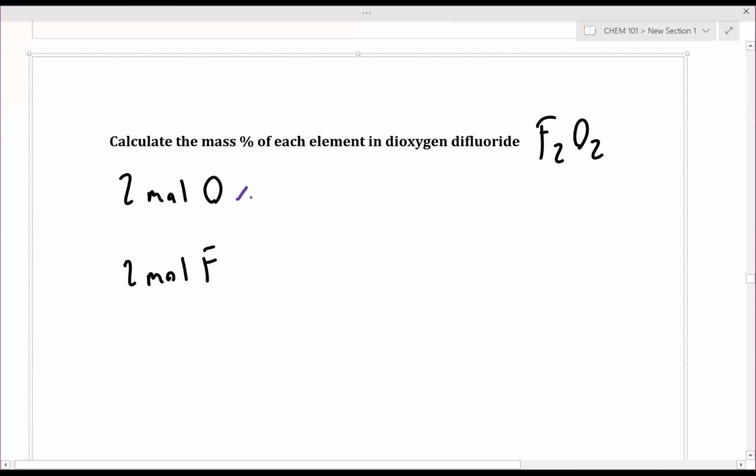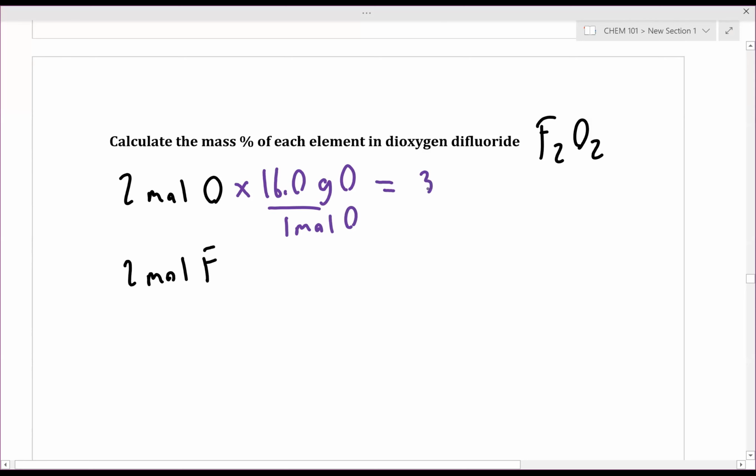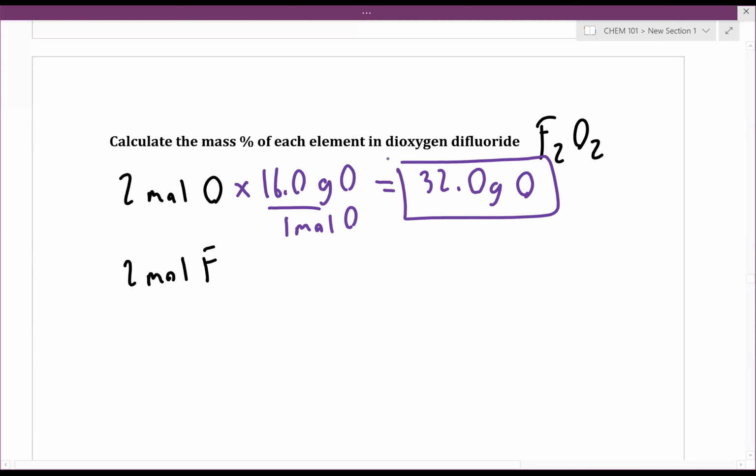So if we have 2 moles of oxygen, what is the mass of oxygen? How many grams are present in a mole? 16. So we're going to plug in 16.0 grams of oxygen per every 1 mole of oxygen, which in turn gives us 32.0 grams of oxygen. Perfect. Let's do the same thing for fluorine.